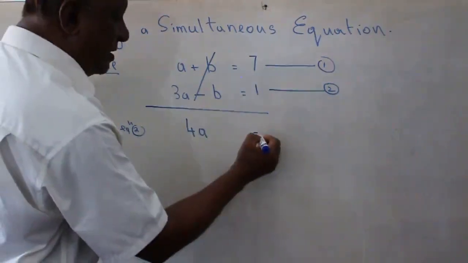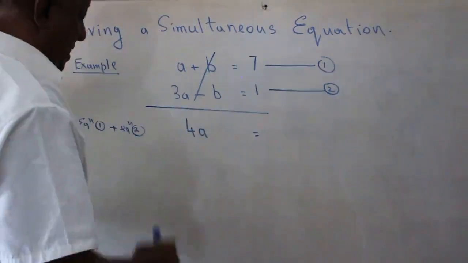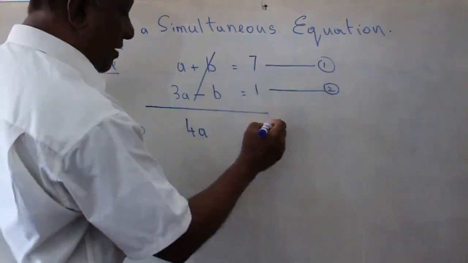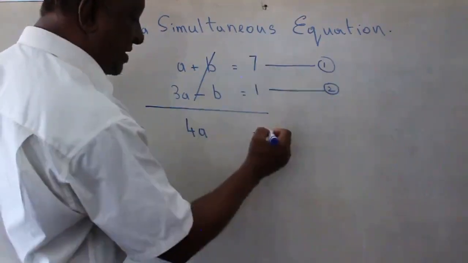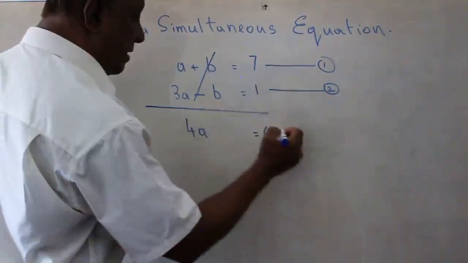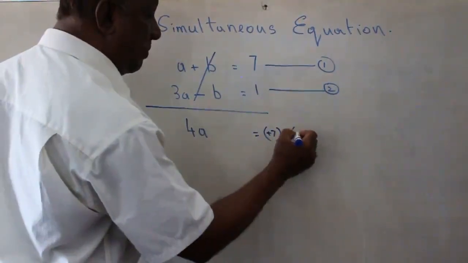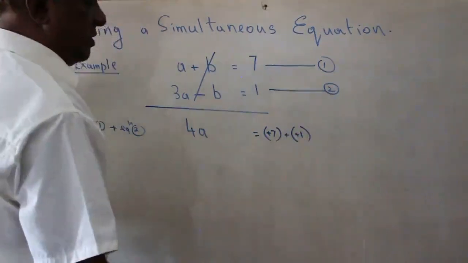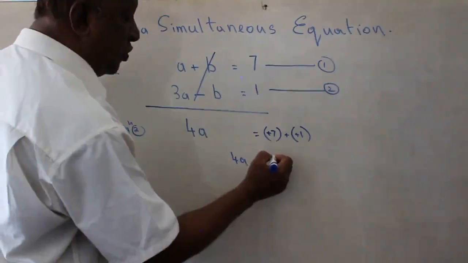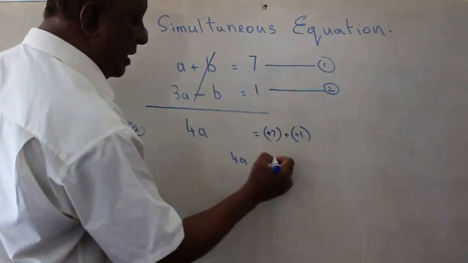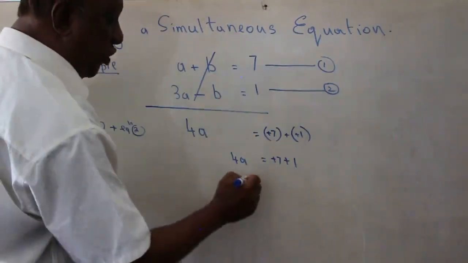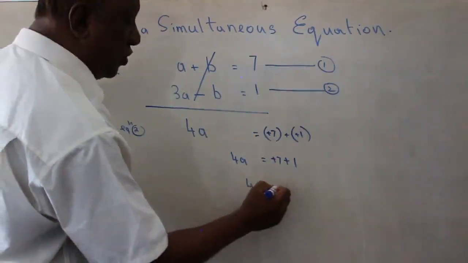On the right hand side, what happens? Add 7, we call it plus 7, and plus 1, so 4a will be equal to, when you open the bracket, plus 7 plus 1. So 4a will be equal to 8.